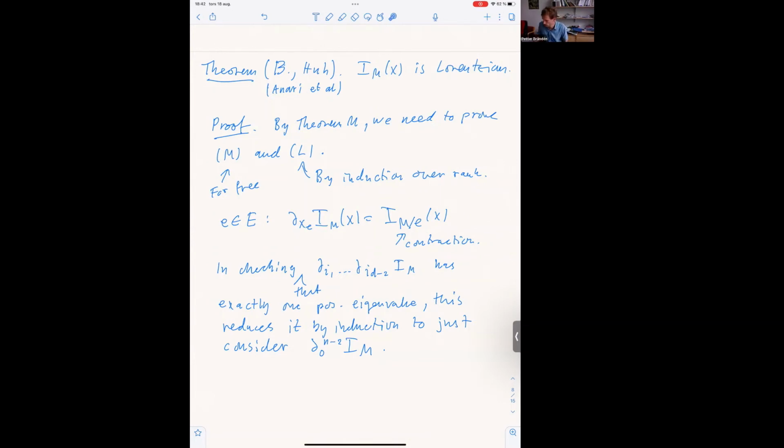So what do we get? Well, let's compute this. From the empty set, we will get n factorial.